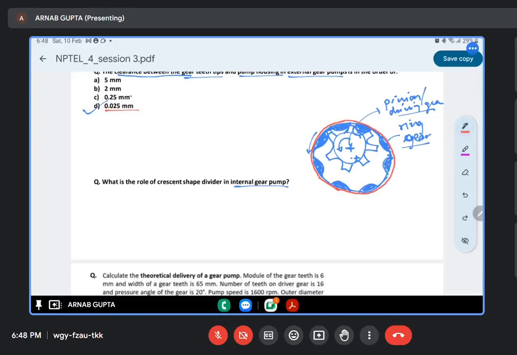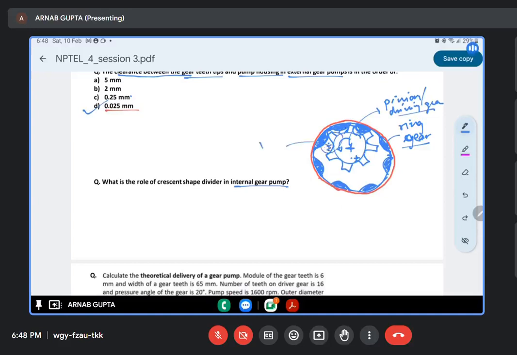Okay. So what happens when this particular pinion gear is rotating, it meshes with the external gear or the ring gear, and at this particular position, you can see that the volume is expanding.